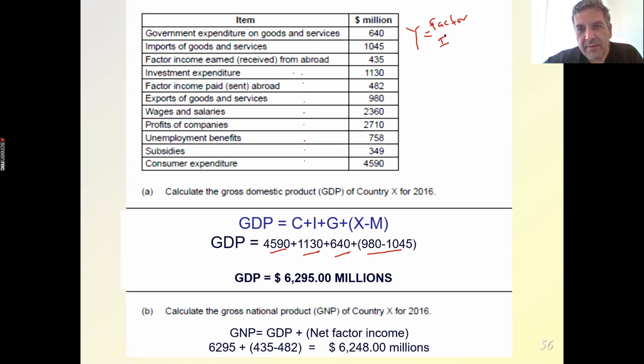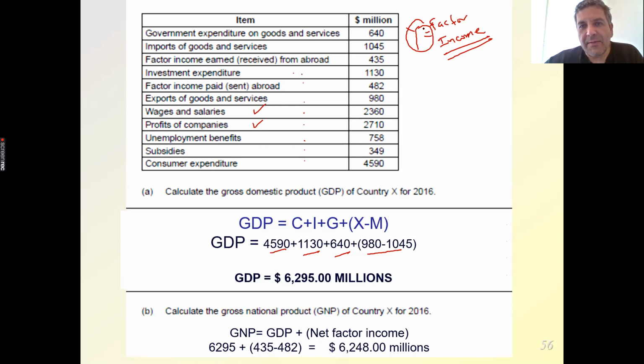So all the payments of the factors of production should be accounted for if we want to calculate the GDP from the income method. Now, we don't have all the factors of production incomes here. We just have wages and salaries, we have profits, but we don't have rent, and we don't have interest rates either.